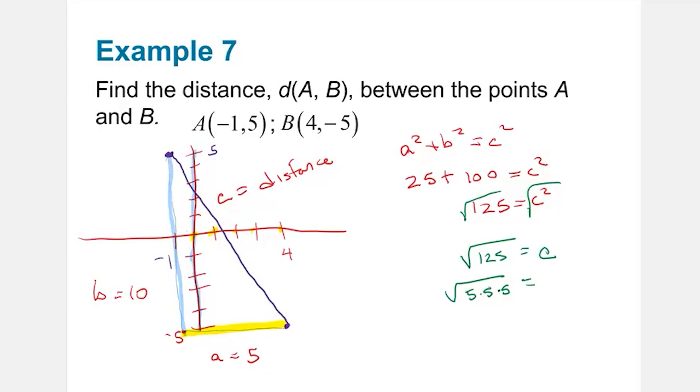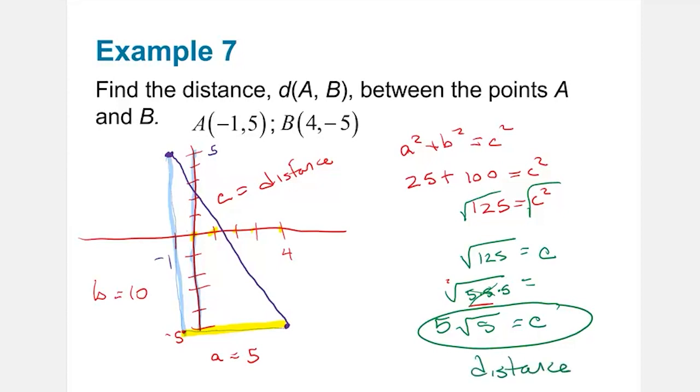For every 2 that are under the radical, because there's an invisible 2 here, I can cancel those and take it outside of the radical and then multiply by the square root of 5. So the distance from one point to the other is c, which is 5 times the square root of 5, or we can call it d, or we can call it whatever you like, but that is the distance. Okay?